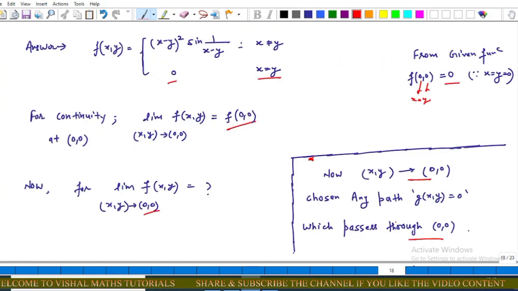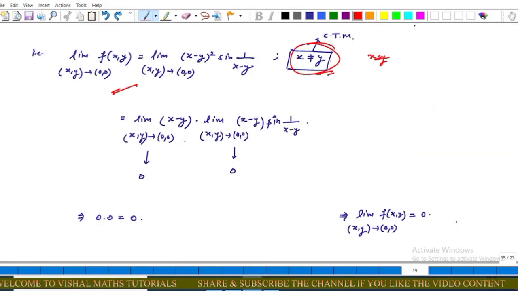As we know, for any path g(x, y) = 0 that passes through (0, 0), the limiting value of (x − y) as (x, y) tends to (0, 0) always tends to 0.